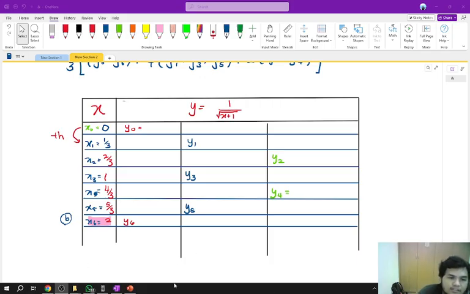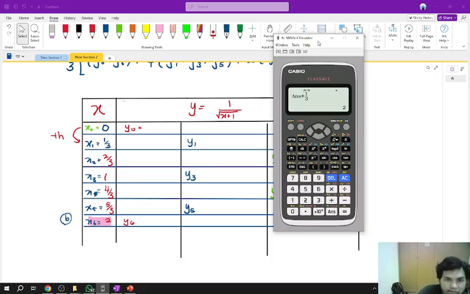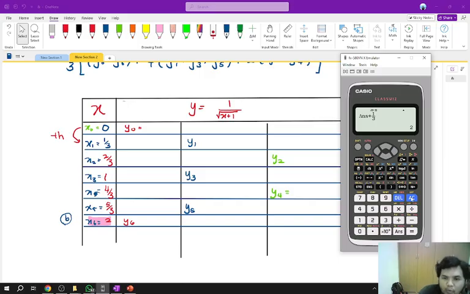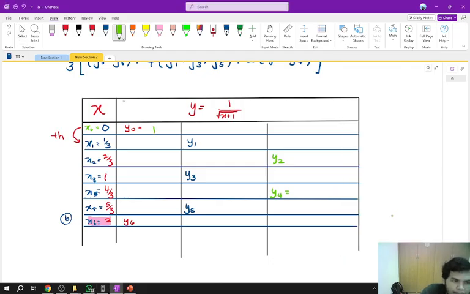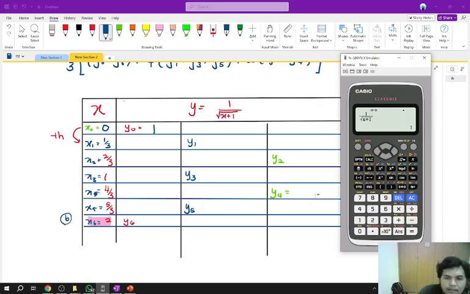Okay, so we just substitute all x into the equation. Again, I use a shortcut, so I just copy the equation. Plus 1, calculate 0 for x0 to get y0. So we get 1. Next, calculate for 1/3 for y1.